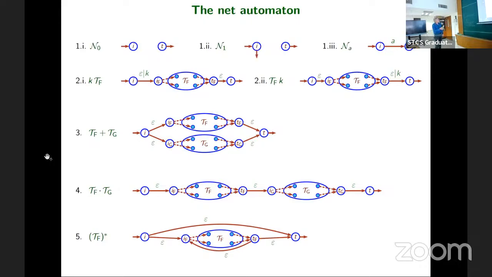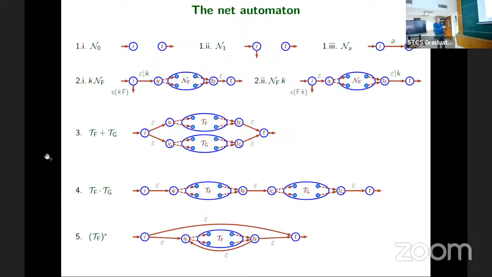So the base case, you see that the difference is that the initial state will also be a final state, with the constant term, which is the coefficient of the empty word. So it changes only the automaton which accepts the empty word.